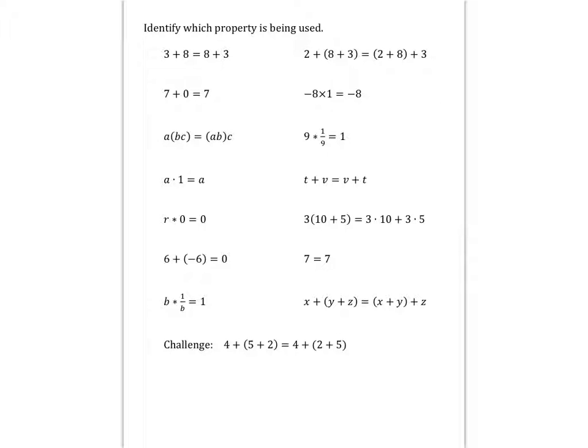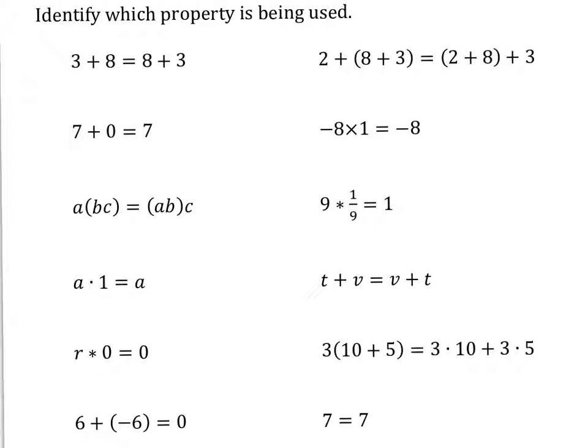Now let's take a look at a few examples. Let's identify which property is being used. 3 plus 8 equals 8 plus 3. This is the commutative property. Now if I look right below it, 7 plus 0 equals 7.